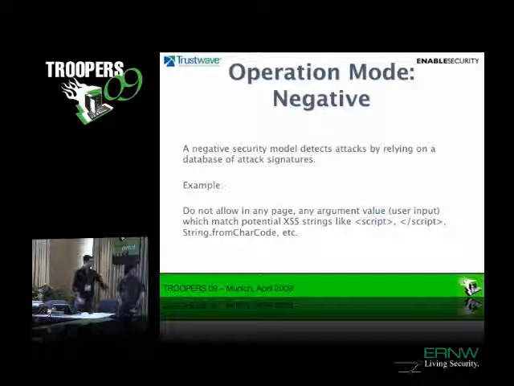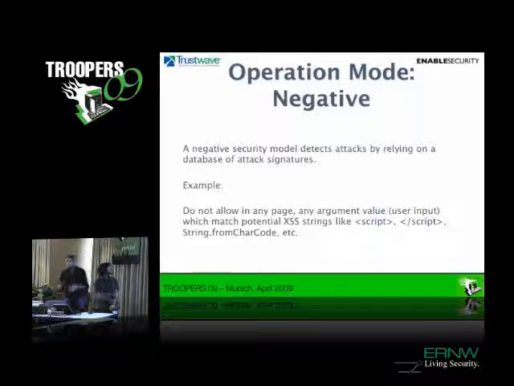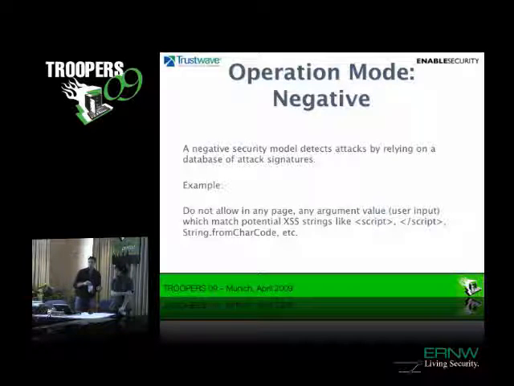A common example is if the user sends some input that matches a bad pattern, like a common cross-site scripting input, or common SQL injection input, like select username, comma, password from passwords, it can be in the database of your rules, and it will detect this kind of stuff, and take the action that the administrator selected, like block, just log it, drop the connection, or whatever was chosen.